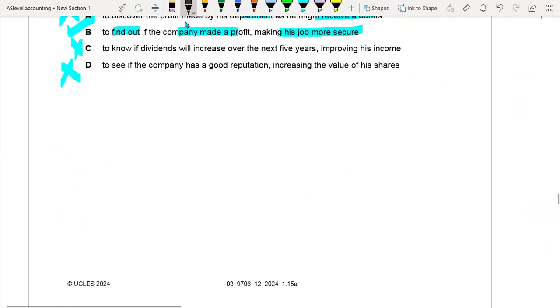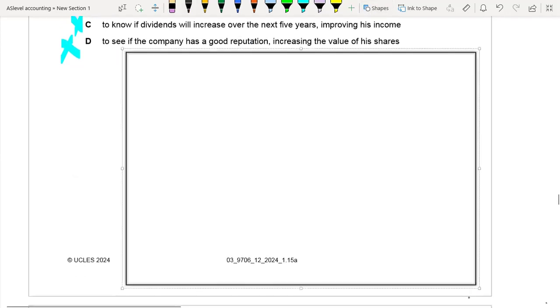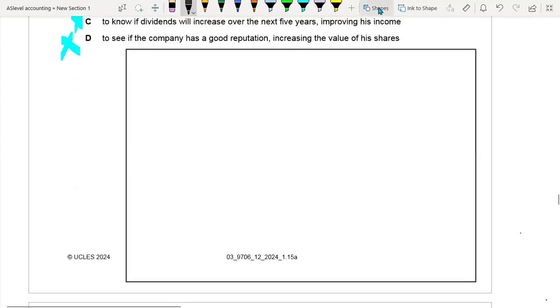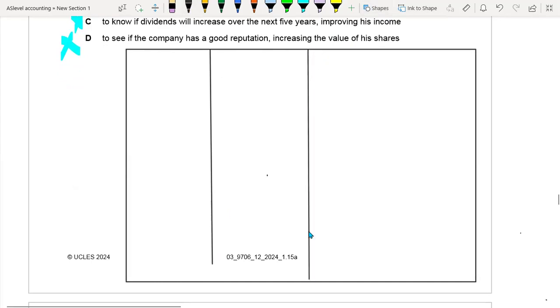Okay, so we have the additional balances in the ordinary share capital. We just have to make a little statement of changes in equity.